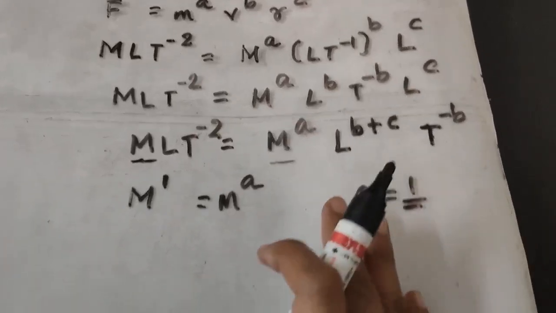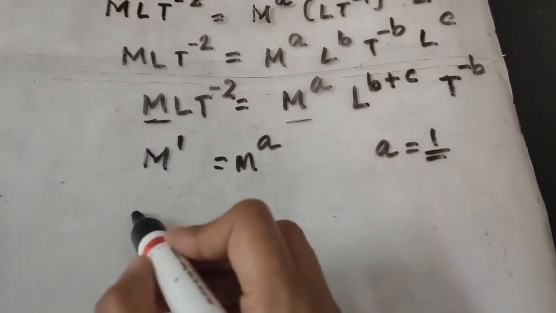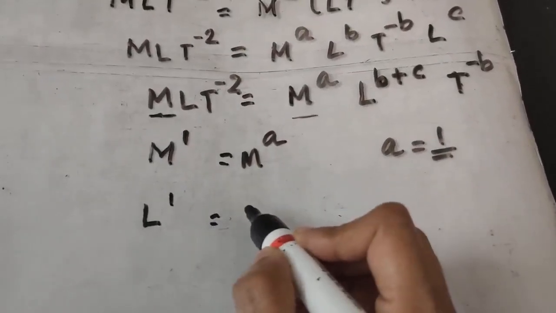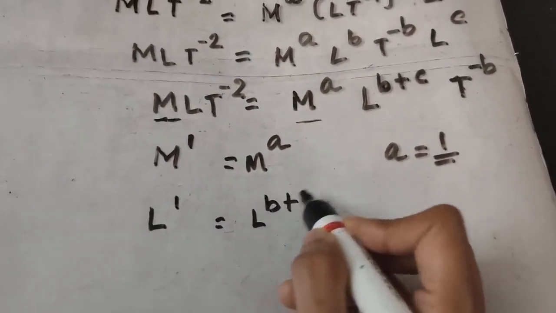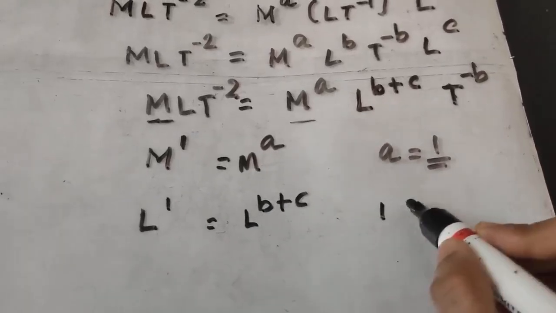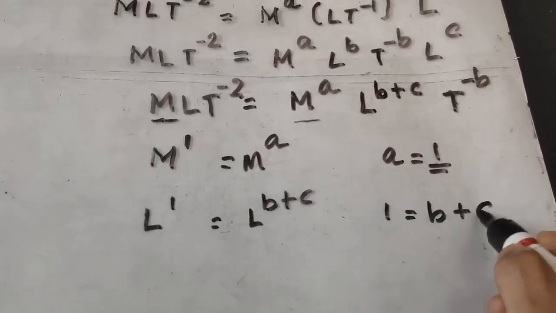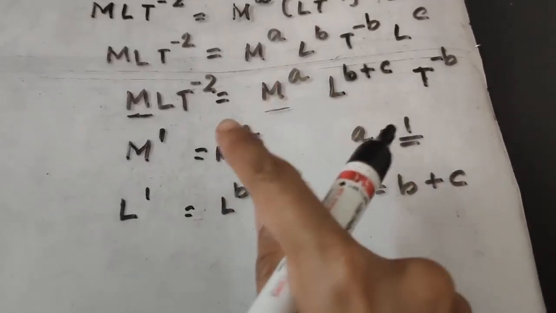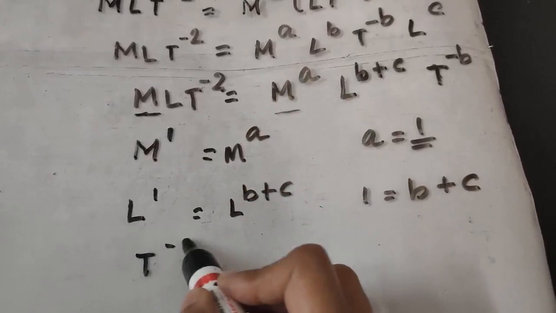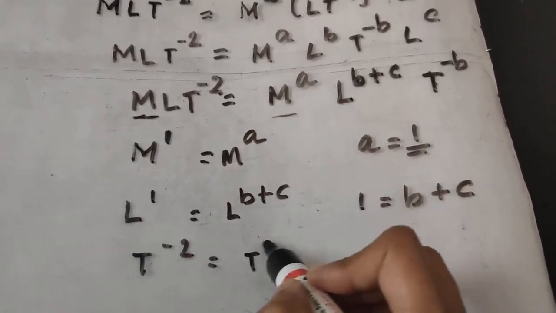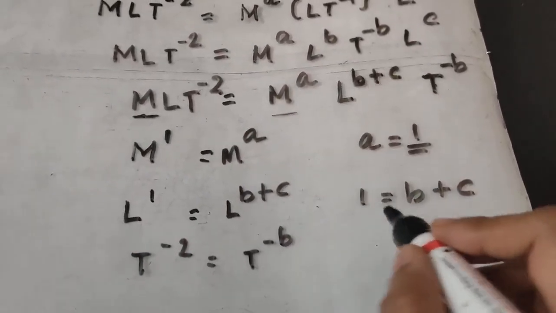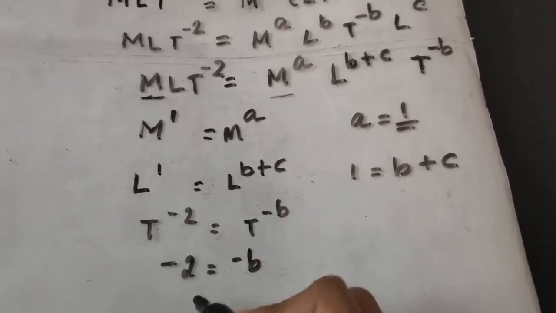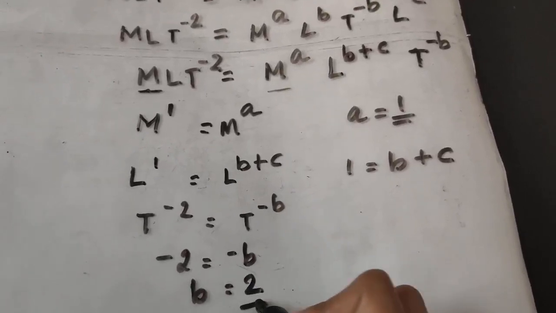Then similarly let us compare the other terms. Next, L raised to 1 is equal to L raised to B plus C, so we can write that as 1 is equal to B plus C. And comparing T raised to minus 2 and T raised to minus B on both sides, we will get minus 2 is equal to minus B, or B is equal to 2.